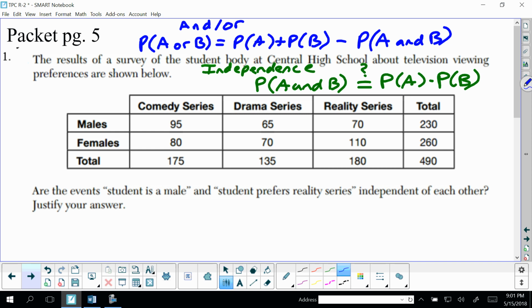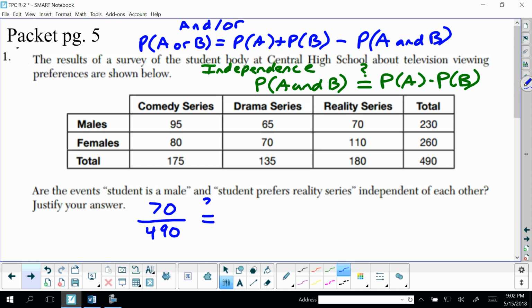Are the events student is a male and student prefers a reality series independent of each other? Well, what we have to use is our independence formula. So probability of A and B. We want to see where male and reality series crisscross. Male and reality series crisscross at 70, out of our 490 total.